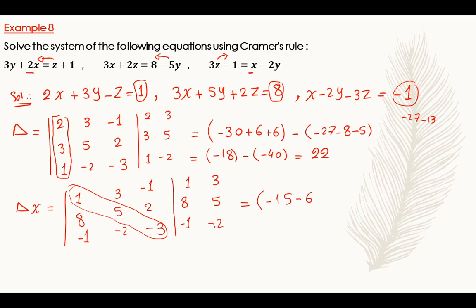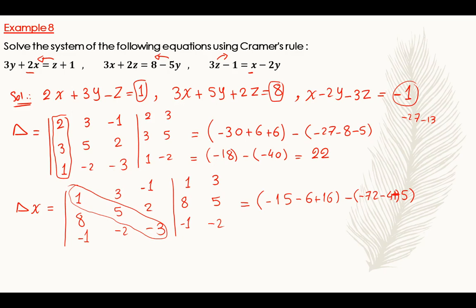Negative 1 times 8 times negative 2 will be positive 16. Minus the right diagonals: 3 times 8 times negative 3 is negative 72. 1 times 2 times negative 2 is negative 4. And the last diagonal is negative 1 times 5 times negative 1, which is plus 5.